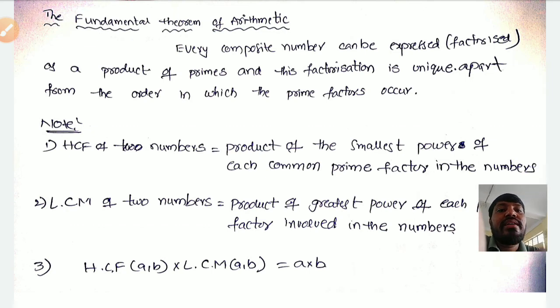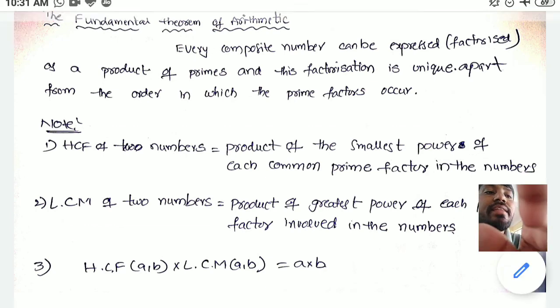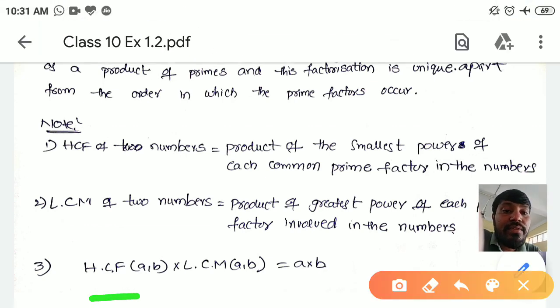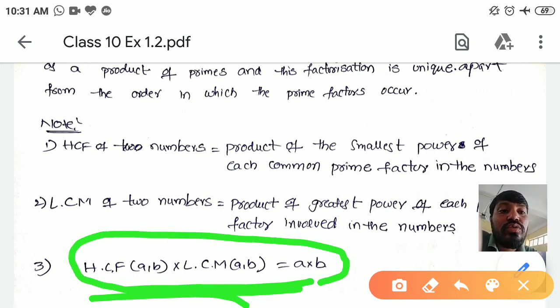For the LCM of two numbers, take the product of the greatest powers of each prime factor involved in the numbers. So for HCF the smallest powers of common prime factors are taken, and for LCM the greatest power of each prime factor is taken. Another important thing: if you take the HCF and LCM of two numbers and find their product, that product equals the product of the given two numbers, a and b.